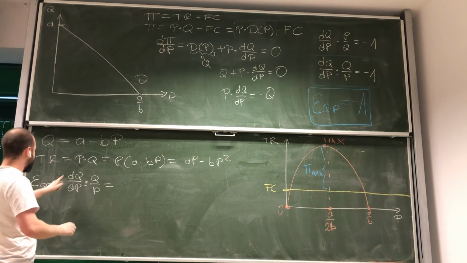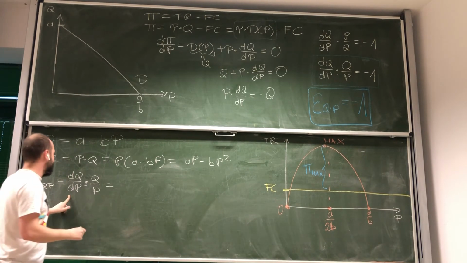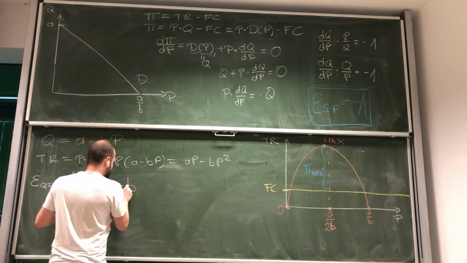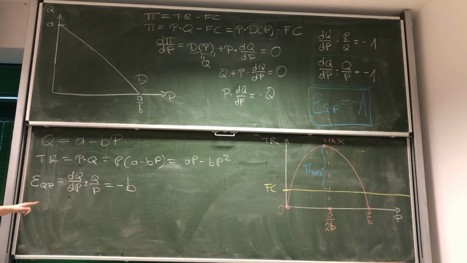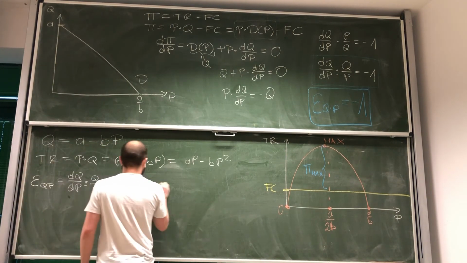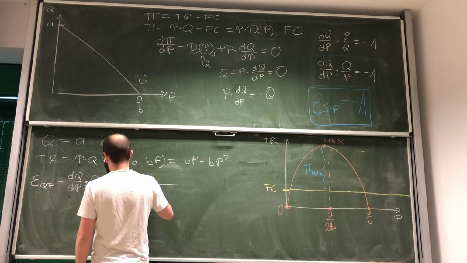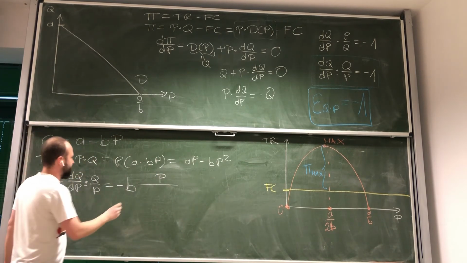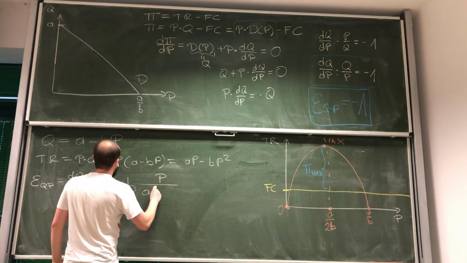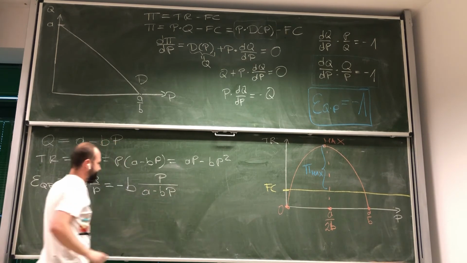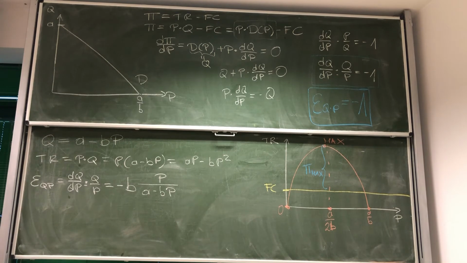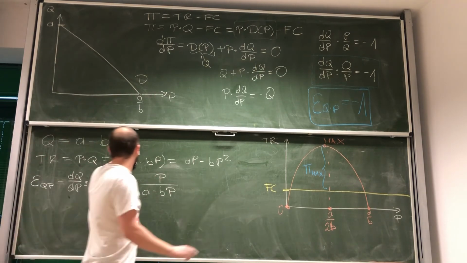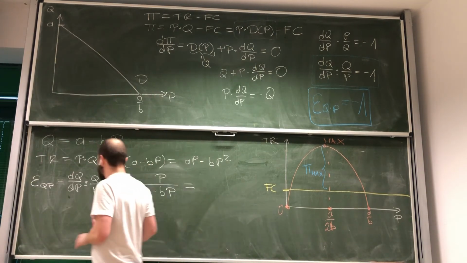So in this case, dQ/dP is simply negative B, right? Okay, so let's put P over here, and Q is A minus B P. Okay, so this is the formula that gives us elasticity of this function at any given point.